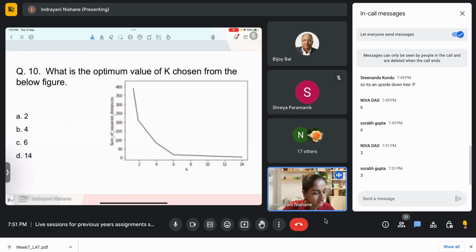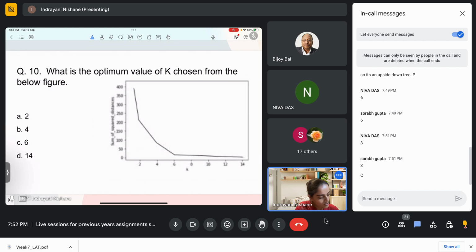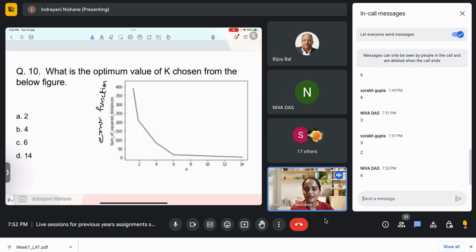So last question, what is the optimum value of k chosen from the below figure? This is the sum of squared distance, which is the error function, on the y-axis, and this is the number of k.